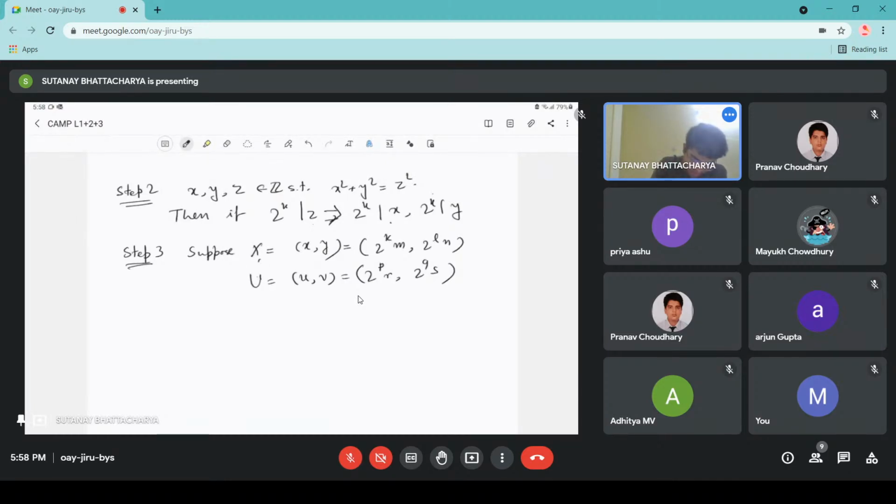Sorry, never mind that. So consider numbers that can be written in this form for now. Here k, l, p, q are integers, and m, n, r, s are odd integers.